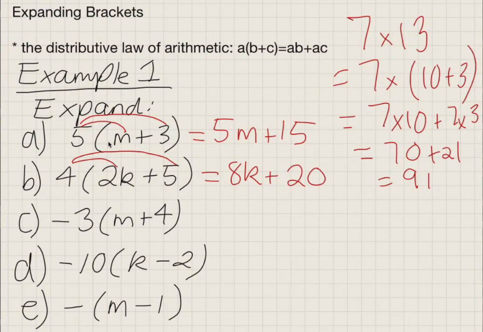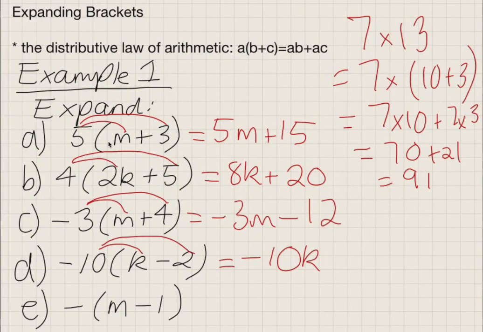Part C is a bit different because we have a negative sign and you need to be really careful with that. So minus 3 times m gives minus, and minus 3 times positive 4, a negative times a positive gives a negative. So we get negative 12. Minus 10 times k gives minus 10k.